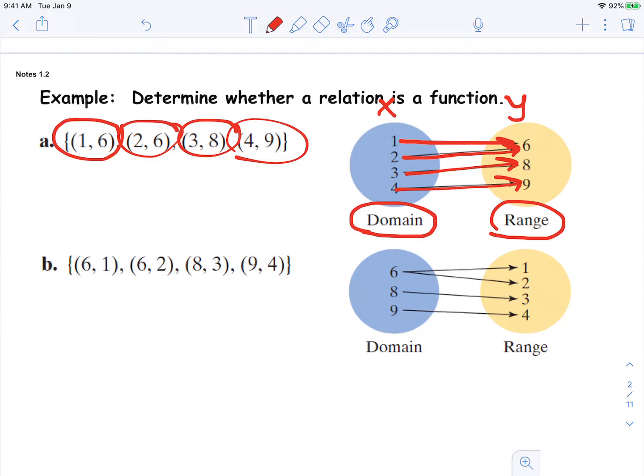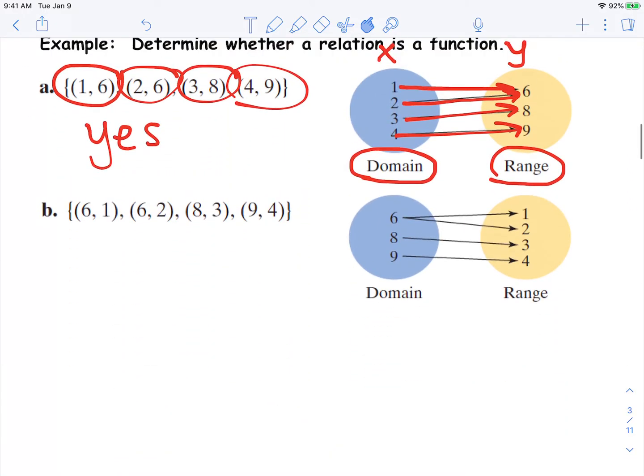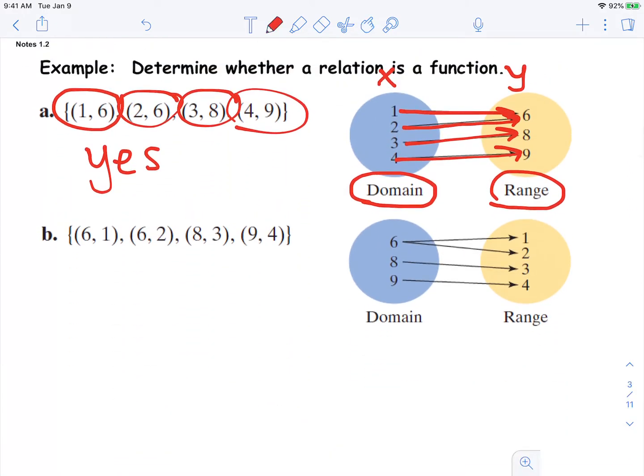And it wants to say, is this relation a function? This is a yes. There are no repeat x values, no repeat domain values. So remember, you want exactly one domain going to the range. This is a yes, so it is a function.